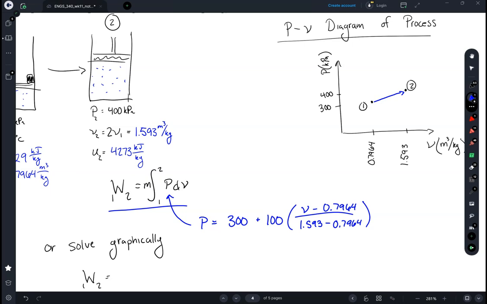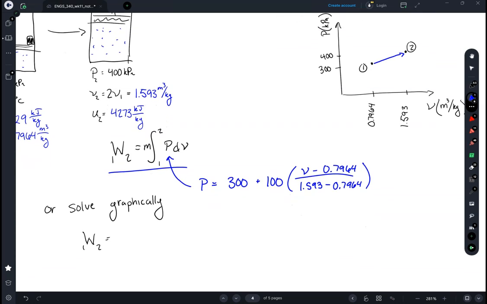Another way to do this would be to solve graphically. We should get the same answer. So the area under this curve should be work. So we can just look at that and say, what is the area under that curve? Let's do some basic geometry. This is going to be equal to mass times little w 1,2, which is 0.10 kilograms. That's our mass, times the area under the curve.